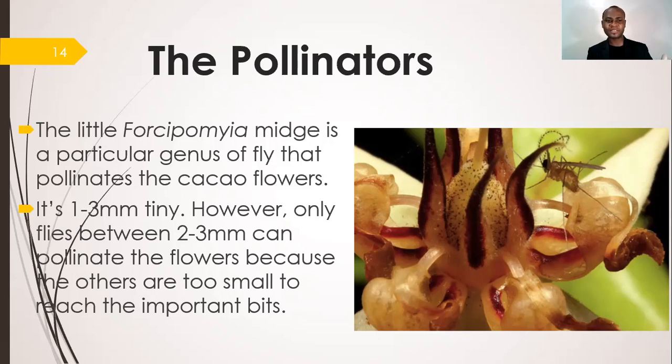However, one thing we need to understand is that only flies or insects that are between 2 to 3 millimeters can pollinate the flowers, because the other insects could be big, okay? They are too large in size. So if the insect size is not between 2 to 3 millimeters, then they cannot pollinate the cacao flowers, okay?